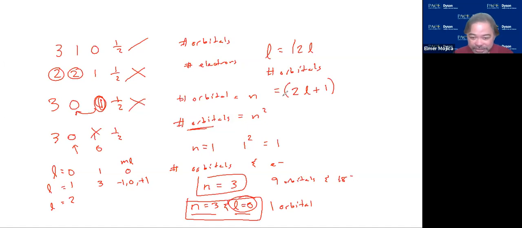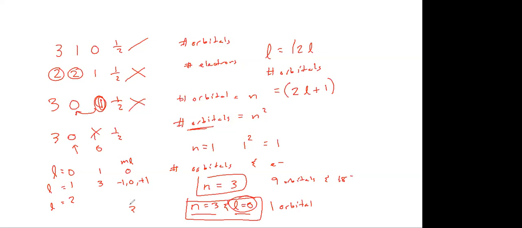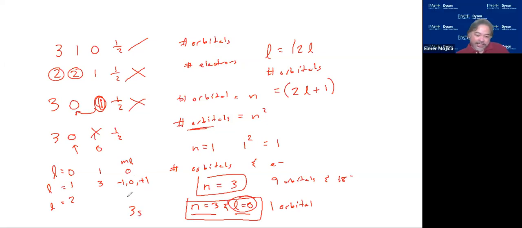Or you might have a question, what is this orbital? n equals 3 and L equals 0. How do you write this orbital? 3s. Very good. Or if you're given an orbital 3s, what are the possible quantum numbers?